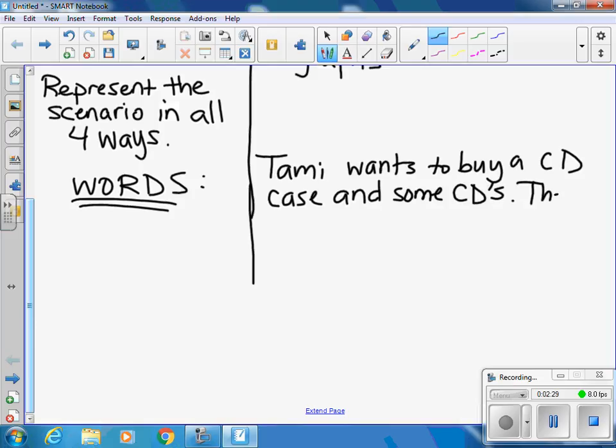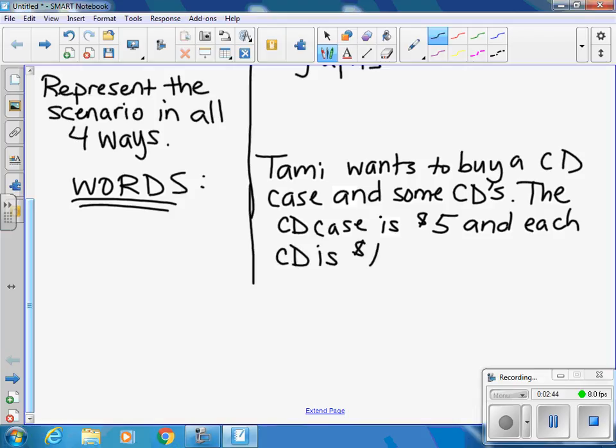The CD case is $5, and each CD is $10. Right, so that's our scenario in words.